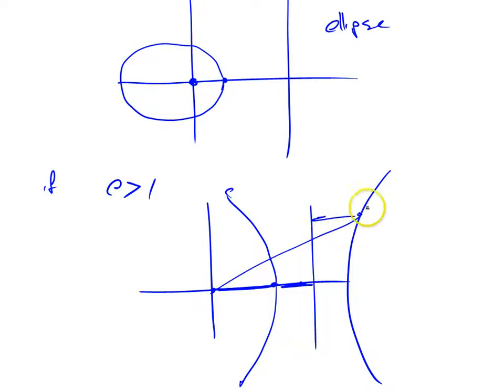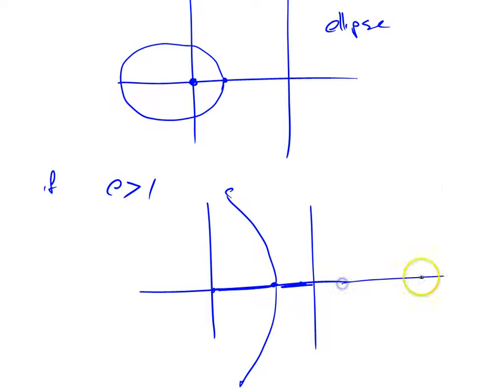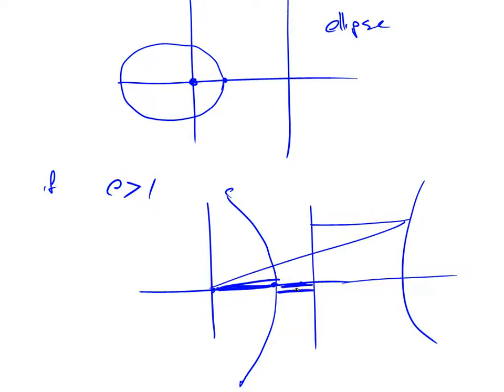Let me draw this a little bit further away, so that this distance divided by that distance might be the same as this distance divided by that distance. There's a matter of whether you are measuring d minus x or x minus d. When we're talking distance, it's not going to make any difference, so there's an absolute value that gets thrown in that gets the stuff over here as well. But this is a hyperbola.